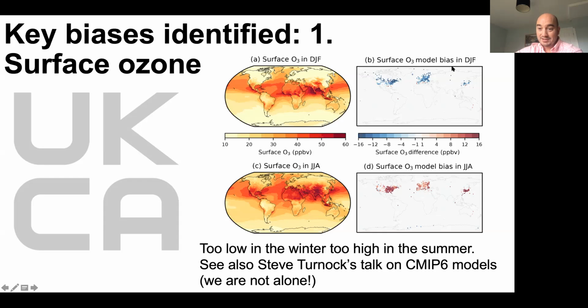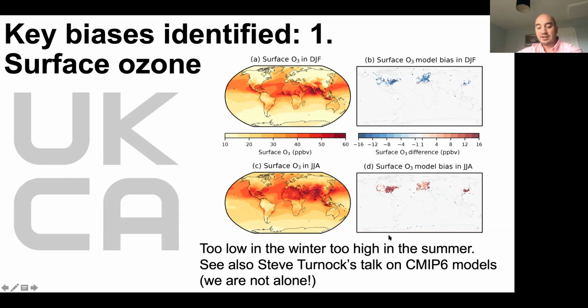and effectively what we see, and what Steve has also shown with other CMIP6 models, so UKCA is not on its own, is that we end up with quite a low bias in winter compared to observations, of around 10 parts per billion to even as low as 16 parts per billion bias, but then a high summertime bias in these regions as well.